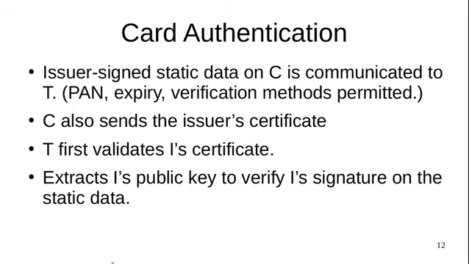Now we'll see these steps one by one, and the first step is card authentication. Here in card authentication, the first step is that the issuer signed static data on C, that is the card, is communicated to T, that is the terminal. Issuer signed static data includes the PAN, the permanent account number, the expiry date of the card, and some of the verification methods that are permitted.